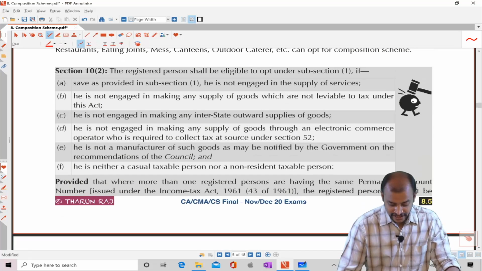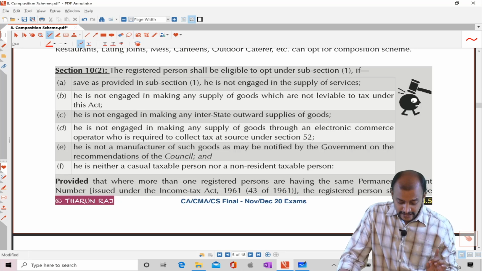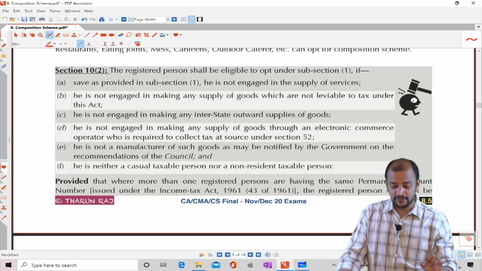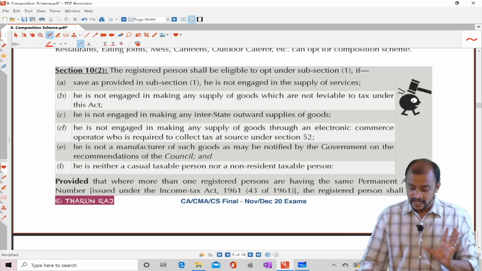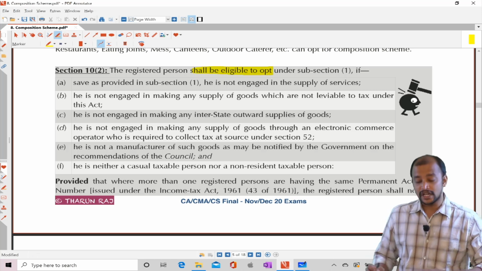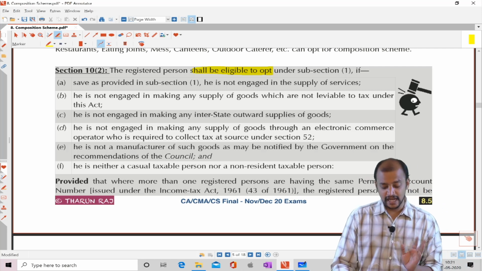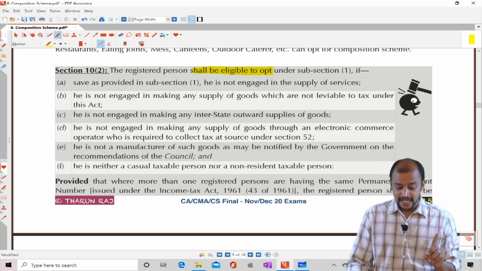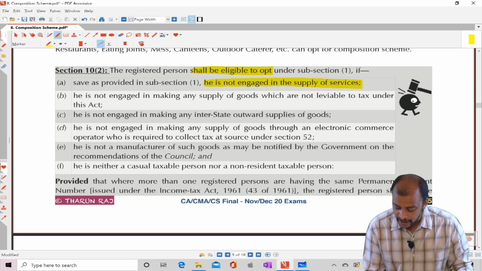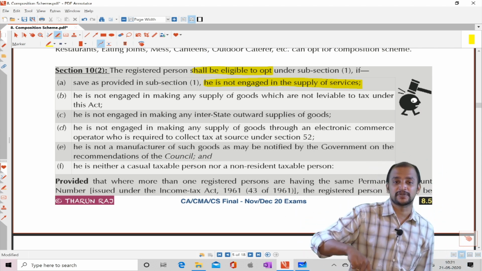Look into this, section 10 subsection 2, which is in page number 8.5. There, if you see, save as provided in subsection 1, that is, 10 subsection 2 says what? The registered person shall be eligible to opt if, save as provided in subsection 1, he is not engaged in supply of services. Now, what is that save as provided in subsection 1?